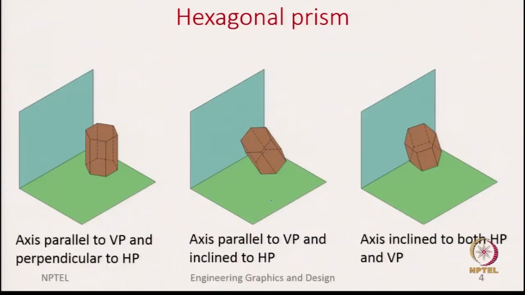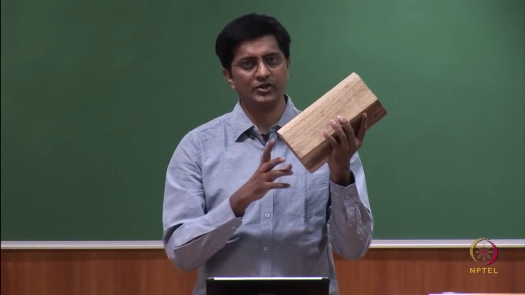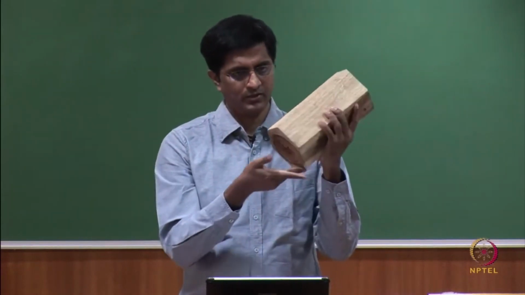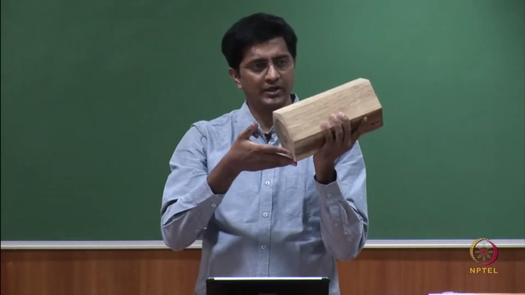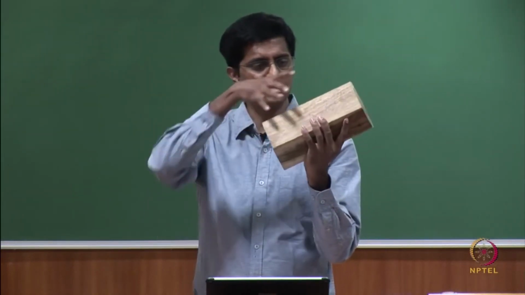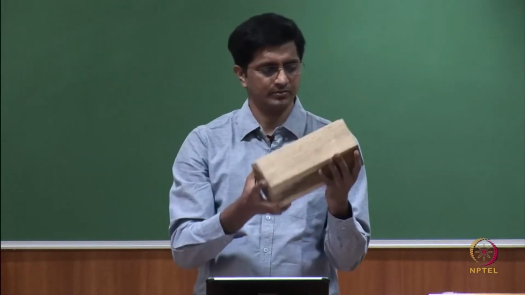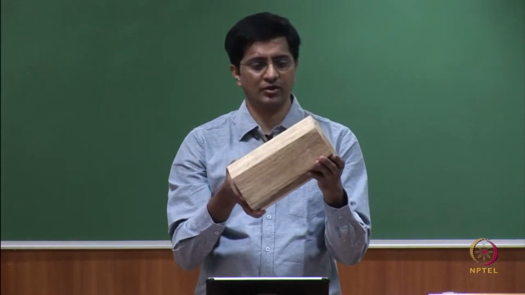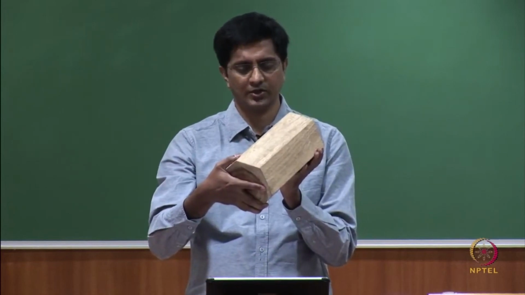And lastly, we are making an angle not just with the horizontal, but also with the vertical plane. So, what I will do is I will rotate this. So, when I am rotating this, if you are looking from the top, it is symmetric, which means the rotation is parallel with the horizontal plane. So, here is the middle picture as you see on the slide, and this is after rotation. Okay.